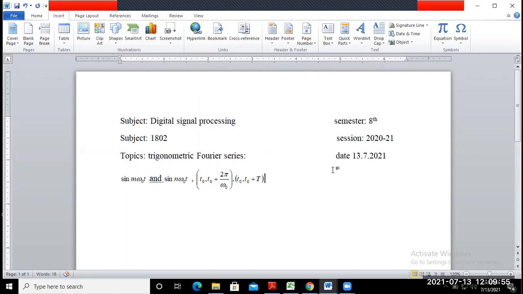So these two signals are said to be orthogonal to each other if m and n are integers.